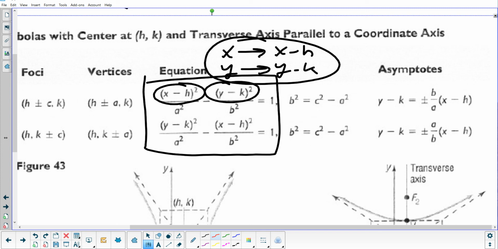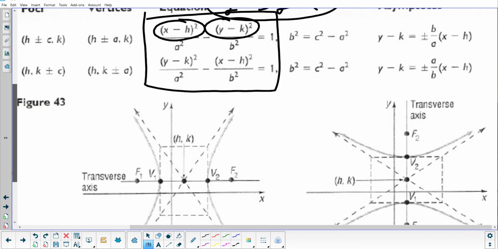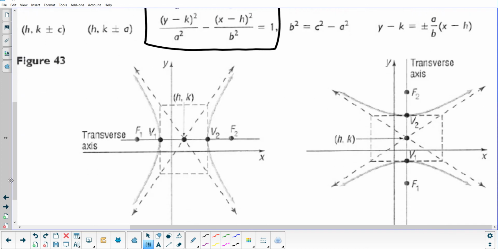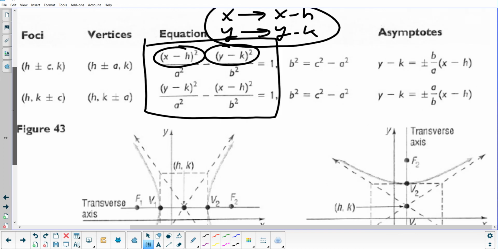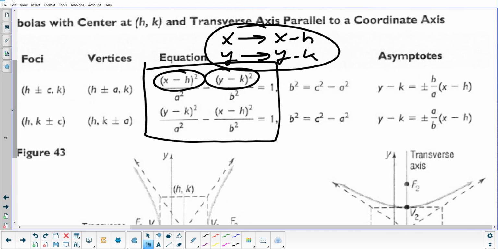But when you are horizontal, your slope is still b over a. And when you're vertical, your slope is still a over b. The slope stays the same. Just make these two substitutions everywhere. And I show you a picture of what it could look like. And your transverse axis is horizontal or vertical. Any questions on this idea?